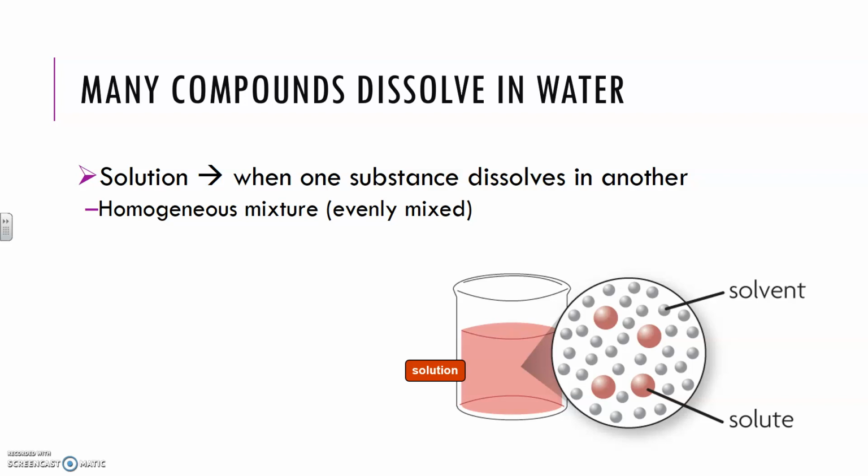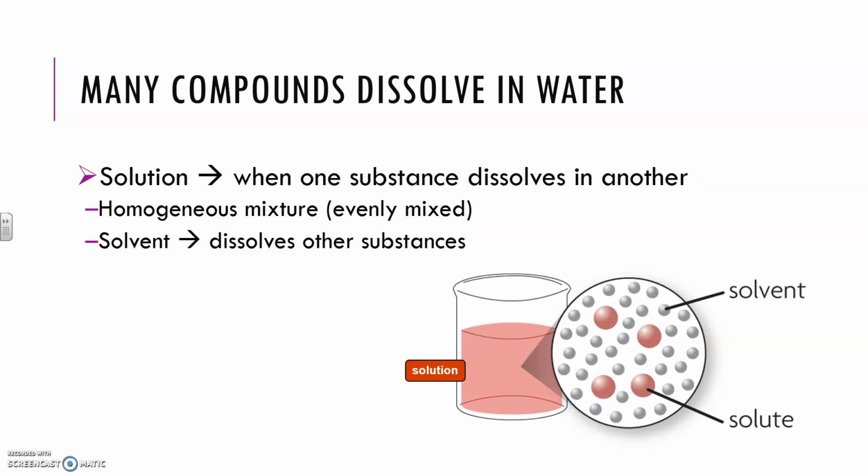They're very, very similar terms. And then you also have two different kinds of mixtures. You have the homogeneous mixture, which is an evenly mixed mixture that is also known as a solution. You also have a heterogeneous mixture, which is an uneven mixture, but we're not going to talk about that right now.